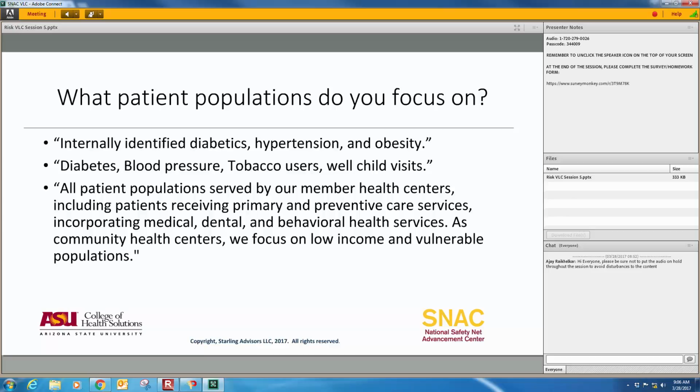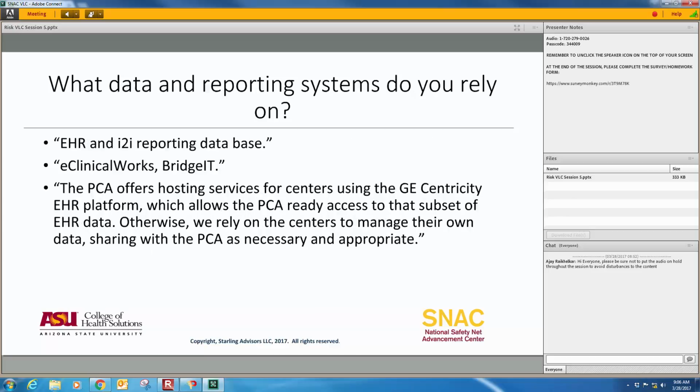Also really important wellness process measures. And then we focus here, on the last one, on really looking at those compromised low-income and vulnerable populations that safety net organizations are typically interacting with and identifying strategies around.